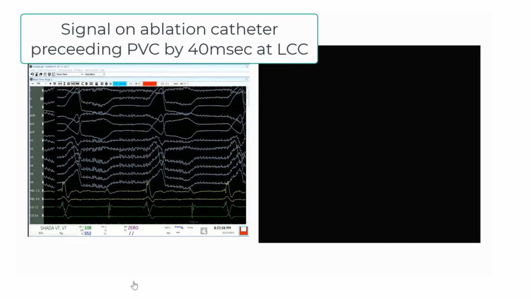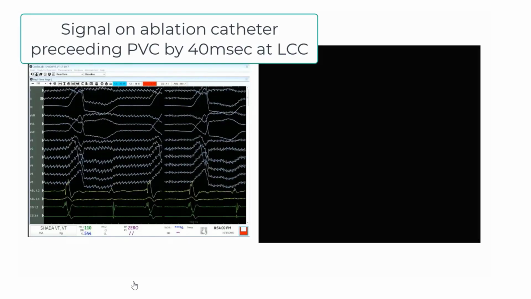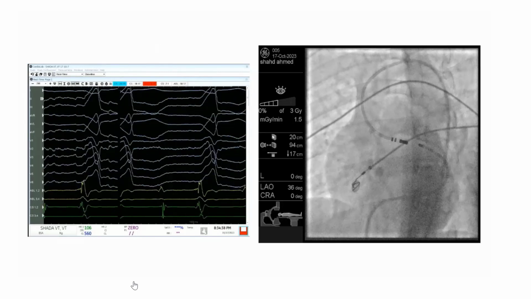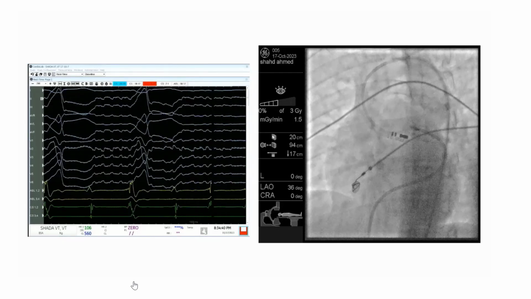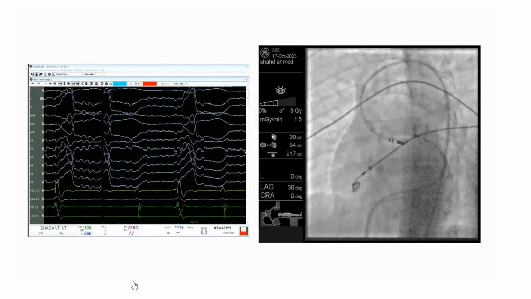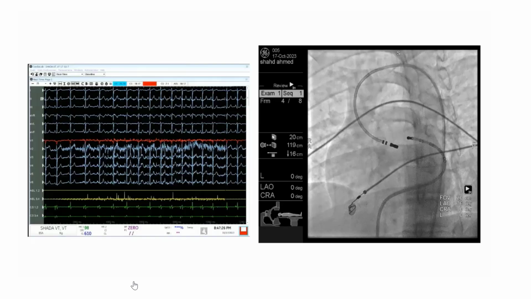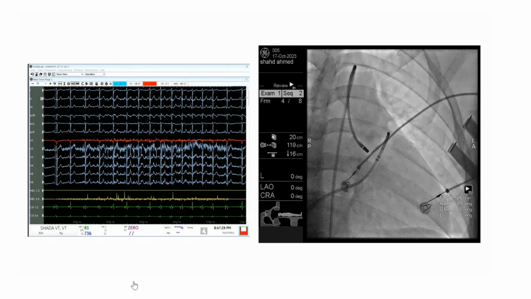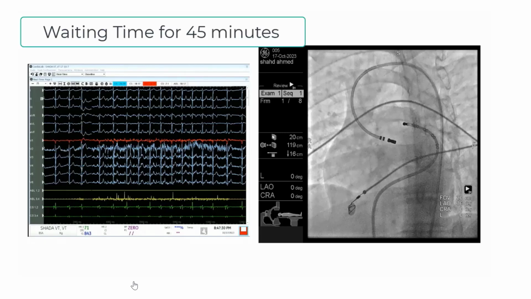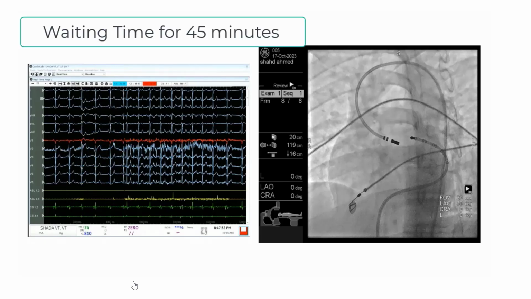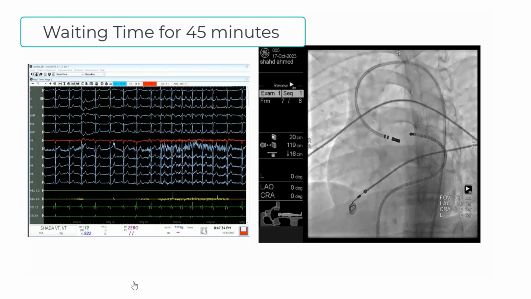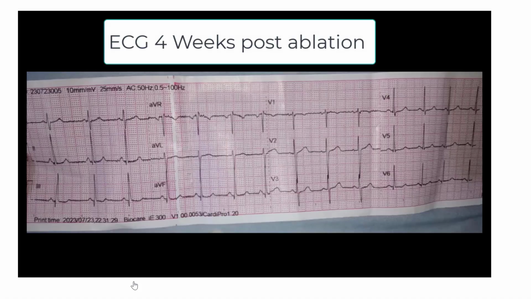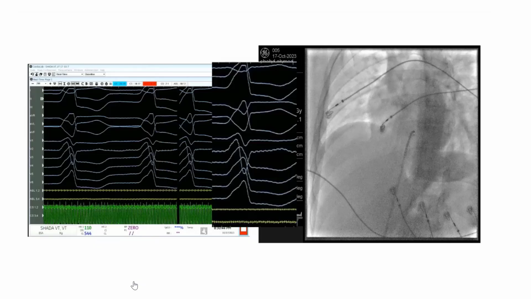So we start ablation here, with successful ablation of the PVC and successful termination of VT. Waiting for 45 minutes with no single PVC or VT, and this is the ECG 4 weeks post ablation.